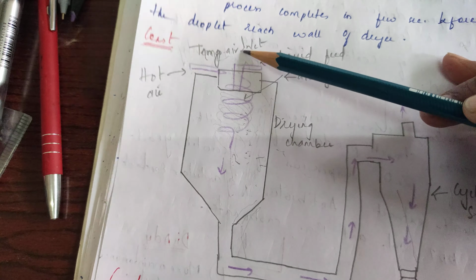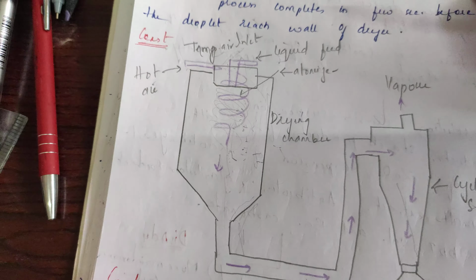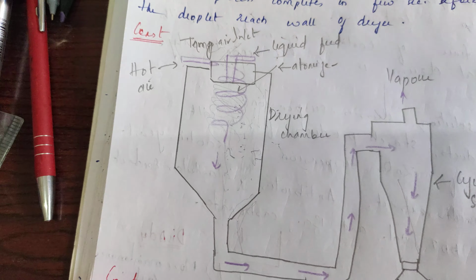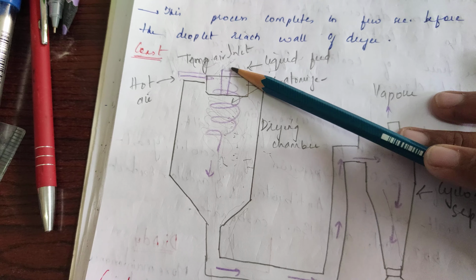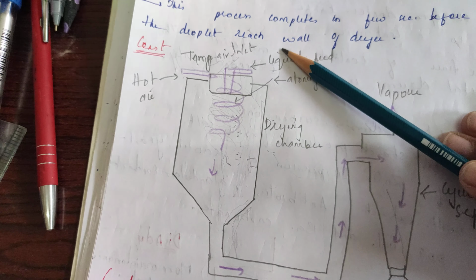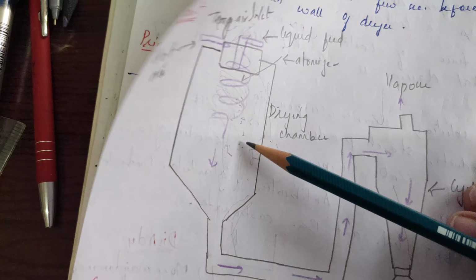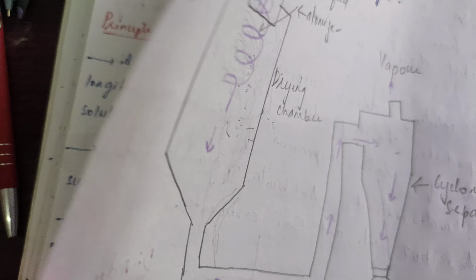This is the tangential air inlet, matlab it acts like some kind of atomizer or a pump, so that the air is completely pushed inside the drying chamber. So we have one tangential air inlet, a hot air inlet, the liquid feed, and this is the drying chamber, and this one is a cyclone separator separating the vapor and the dried particles.